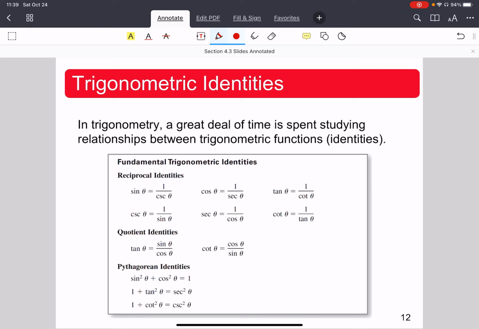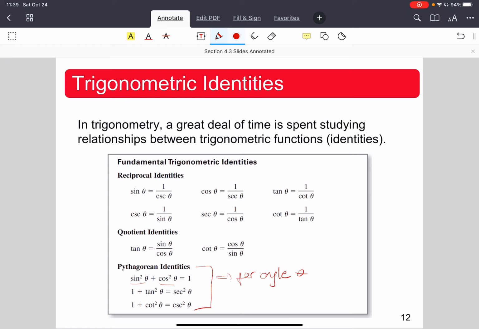And then lastly, we have this identity where sine squared plus cosine squared is always 1. You realize this is for any angle theta, so for any angle theta, this identity should work. It's always sine squared plus cosine squared equal to 1, because sine and cosine are ratios, it will always work.